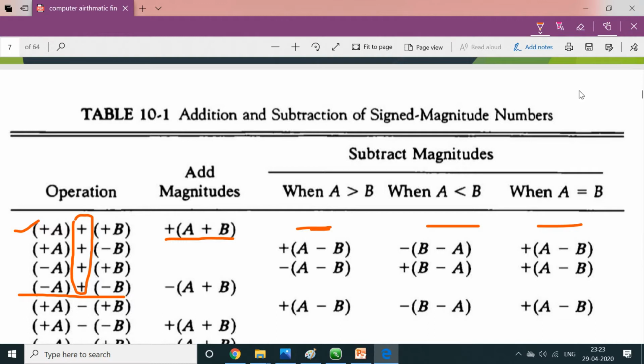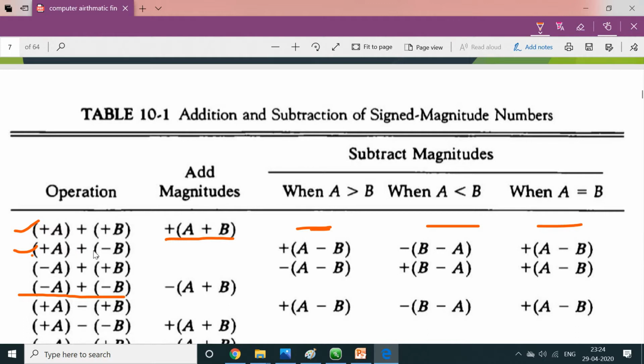Next, continuation, second topic. Positive A plus minus B, that means positive A and negative B. In this case, for the addition magnitude, plus into minus, we are going to observe A minus B representation.